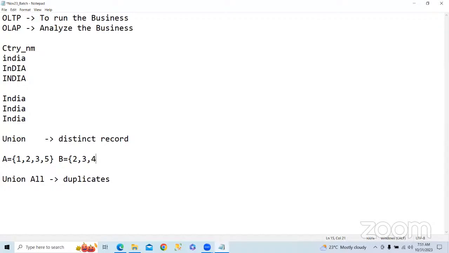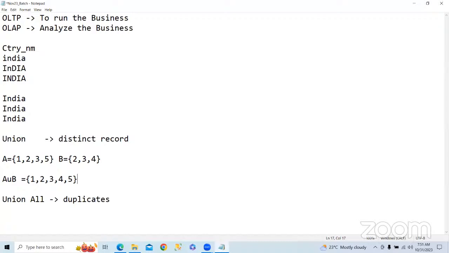So A union B. What is the output here? 1, 2, 3, 4, 5. What's happening here? 2 and 3 are the duplicates, right? So duplicates will be eliminated in union.